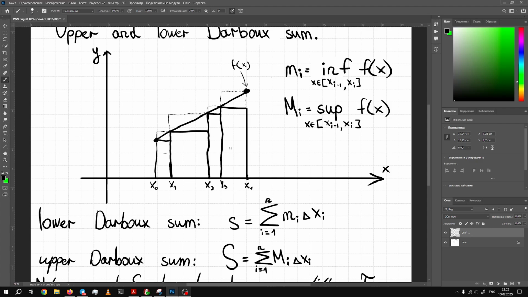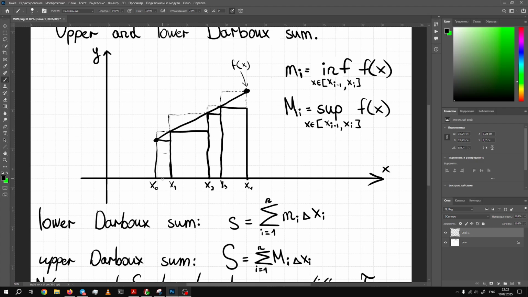So the lower Darboux sum, or just lower sum without Darboux, we write as small s, which is the sum from i equal to 1 until n of m i multiplied by delta x i, where m i is our infimum multiplied by delta x i, our interval.